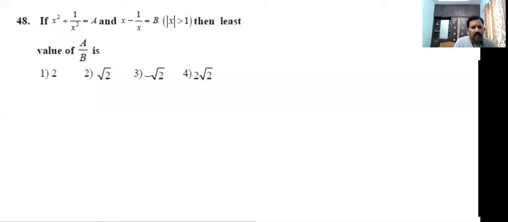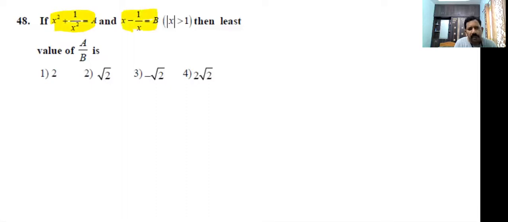So here x square plus 1 by x square is equal to a, x minus 1 by x is equal to b, then they're asking the least value of a by b. A divided by b. See, first what is the a value? X square plus 1 by x square. Then what is the b value? X minus 1 by x.